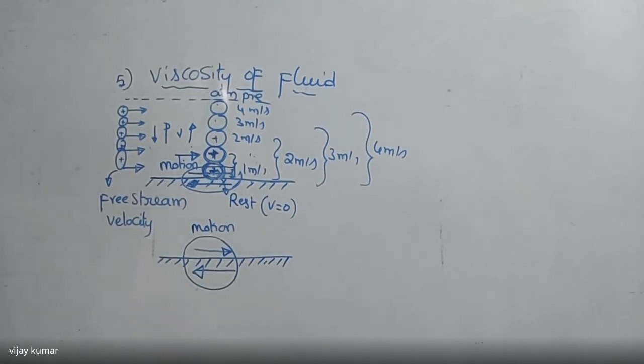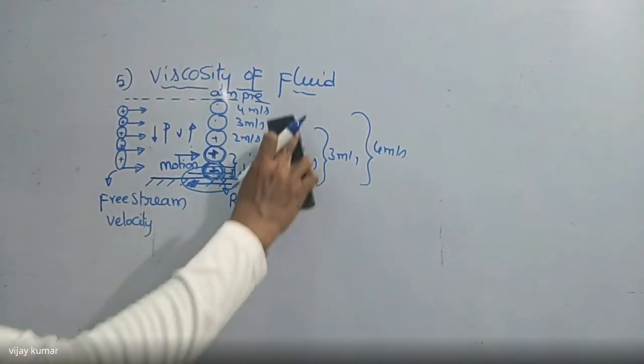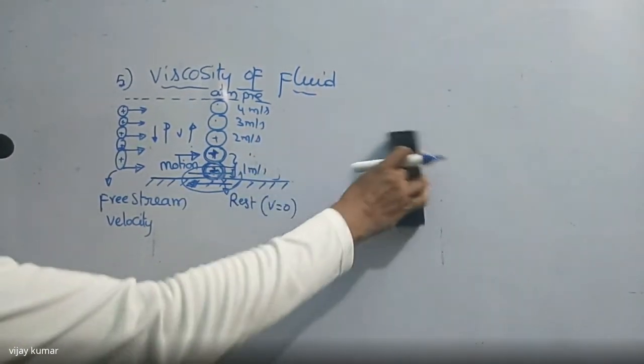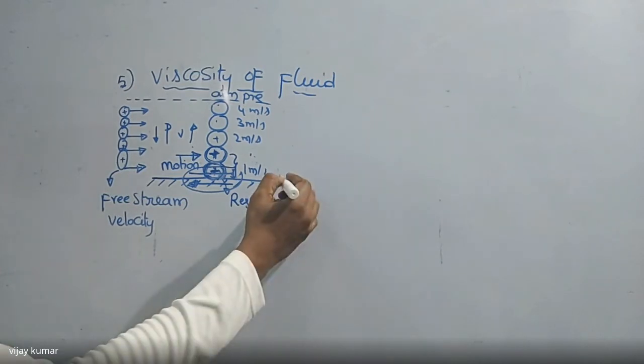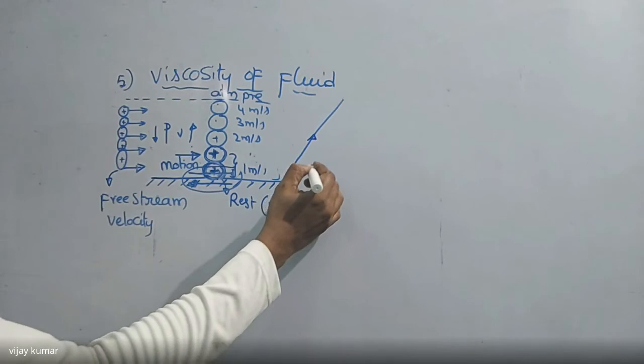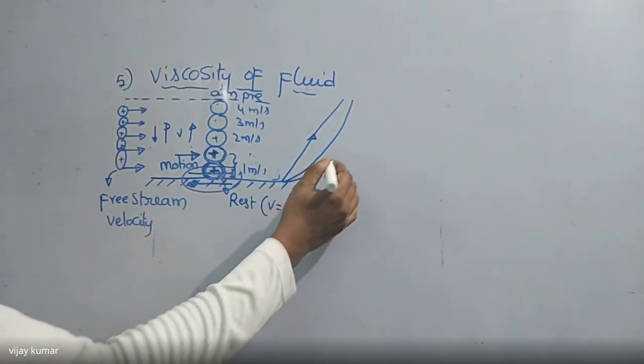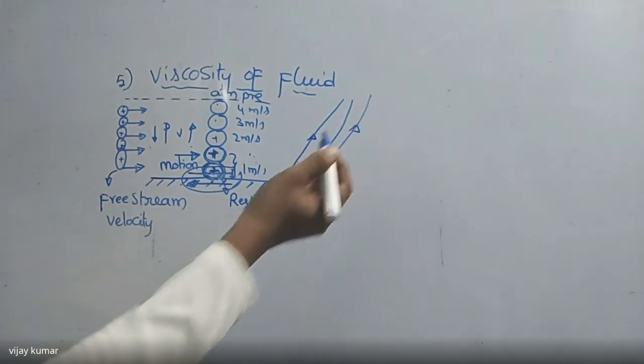So listen carefully. This velocity variation may be linear, that means a straight line, or the velocity variation may belong to a parabola, or a curve, or a cubic curve.